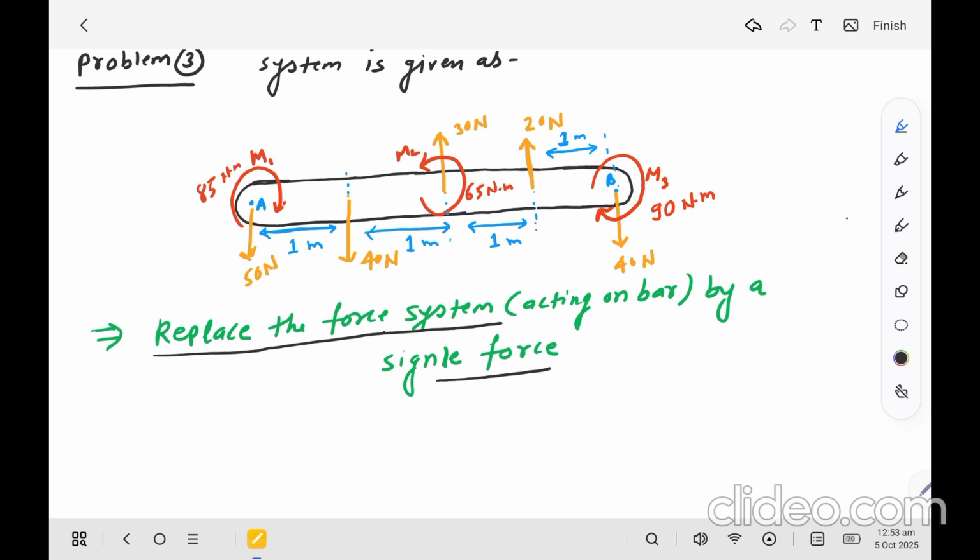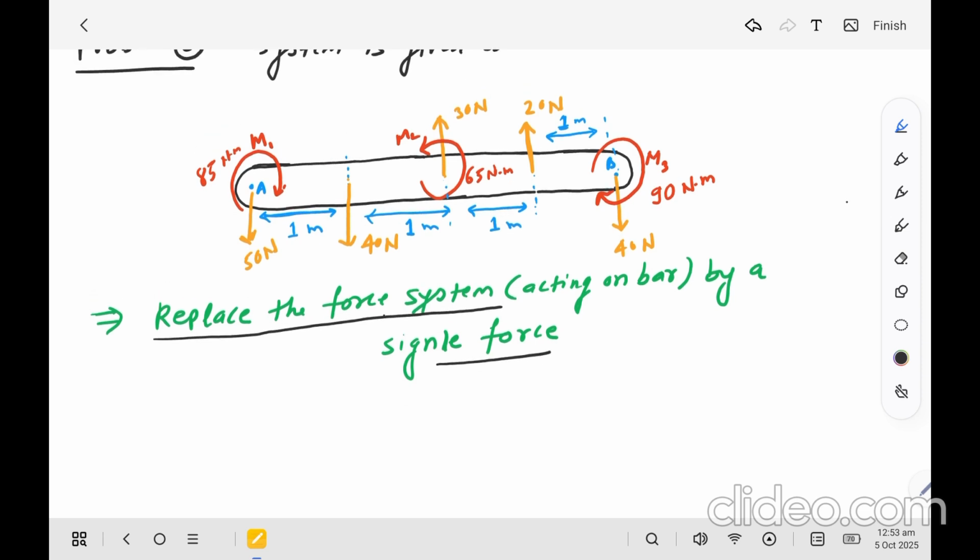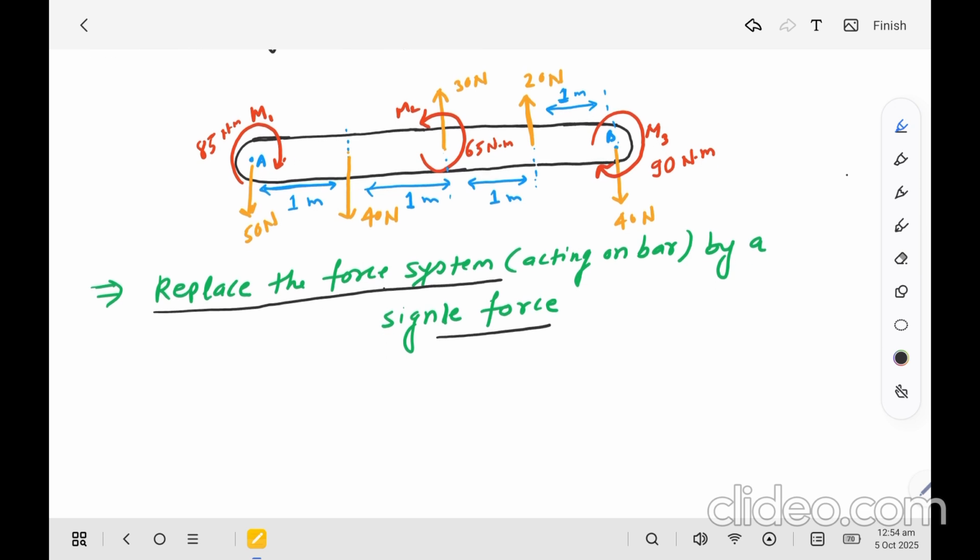In previous cases we had only parallel forces. Now we have the parallel forces as well as couple moments acting on this object. If we want to replace the force system by a single force, then we can use the Varignon theorem.